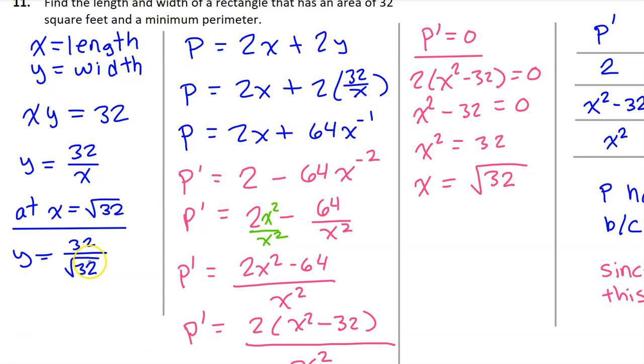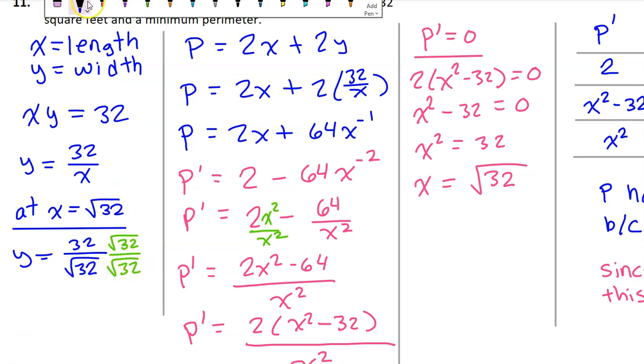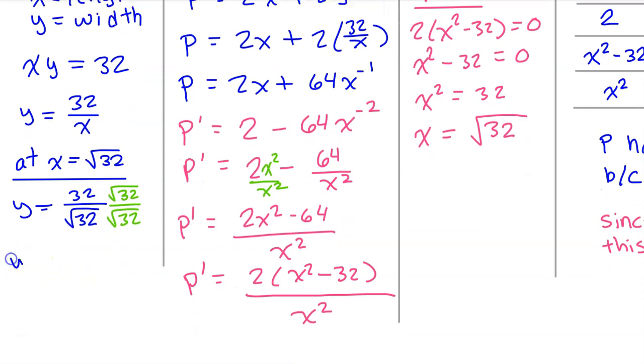We could leave the expression like this, but it does simplify down quite nicely if we rationalize the denominator. So let's multiply by radical 32 over radical 32. This will give us y equals 32 radical 32 divided by 32.